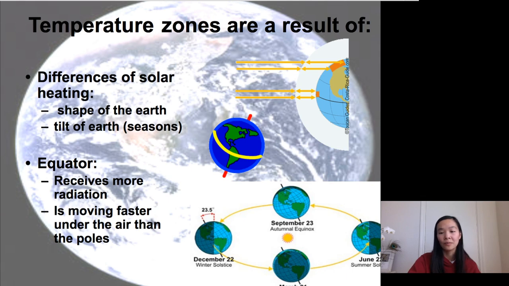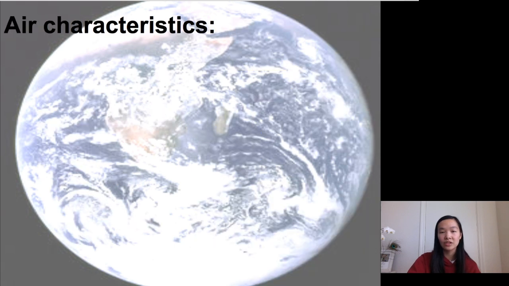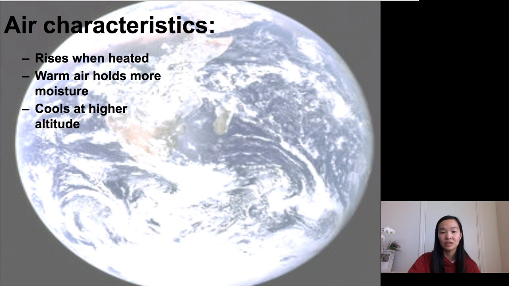The North or South Pole sees a much more dramatic change with the seasons. The equator, not so much. Okay, so you have this uneven heating on the surface of the Earth, and this is going to cause air circulation, which is how we're going to get wind later.